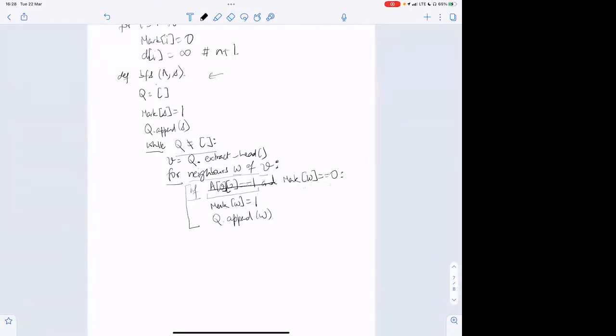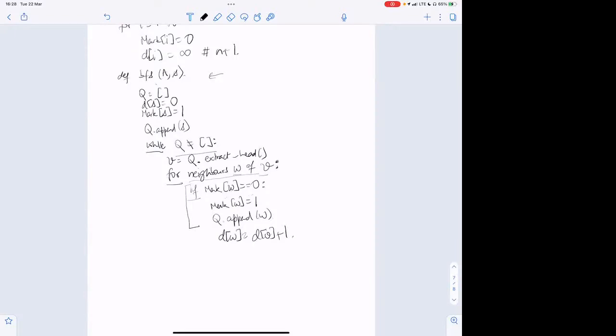So now you want to find the distances from this vertex. So how do I mark distances? I will remove this part, of course. Tell me. So the distance, I will just say distance of W is equal to distance of V plus 1. And here I make distance of S equal to 0.